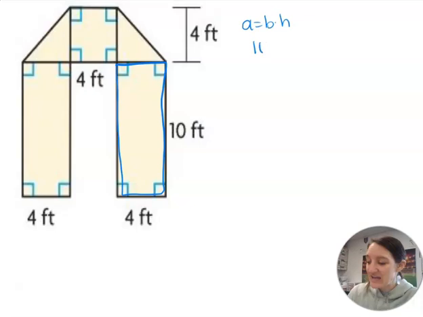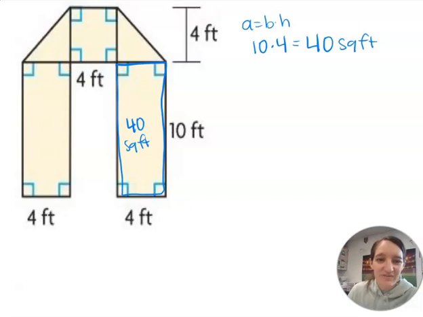So you're going to go 10 times 4, and you're going to get 40 square feet. Okay, so we've got our first part of our figure. That's 40 square feet. That means this is also 40 square feet. So we're like halfway done, right?